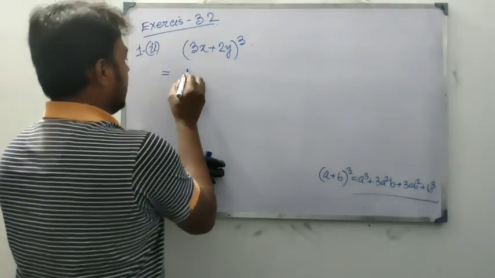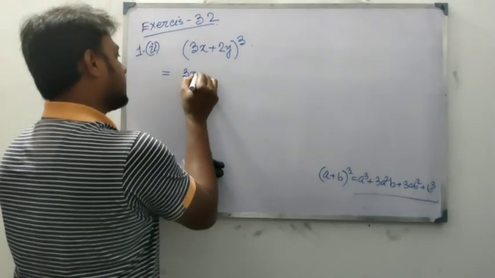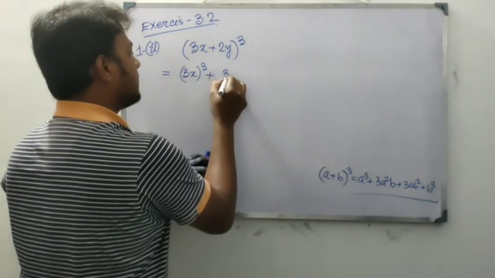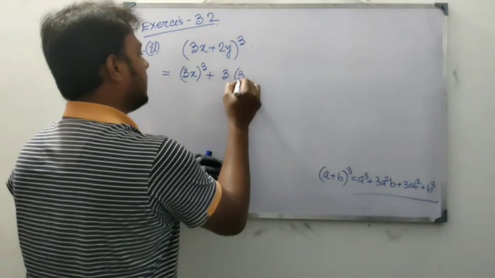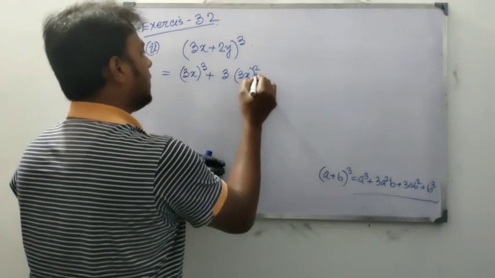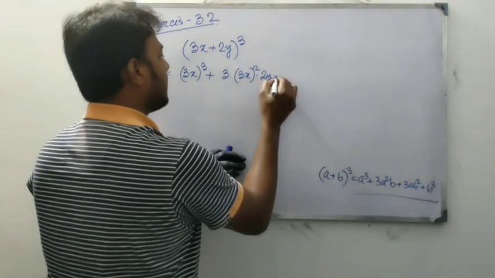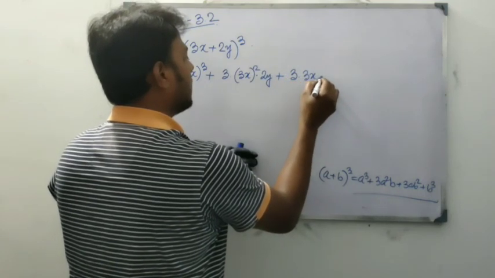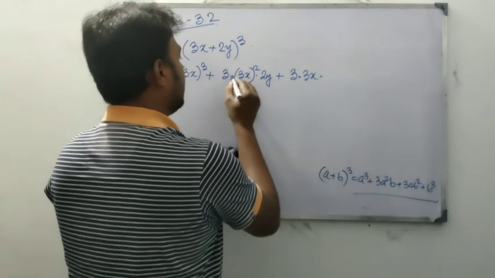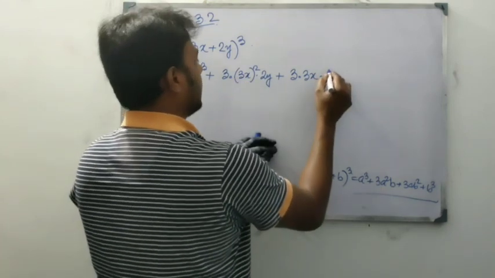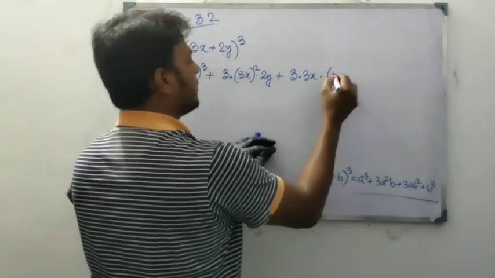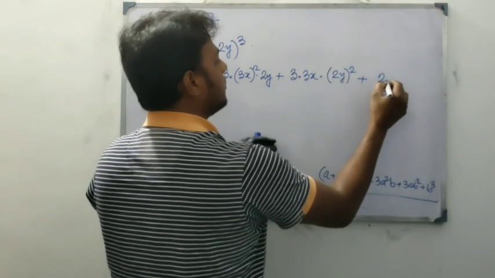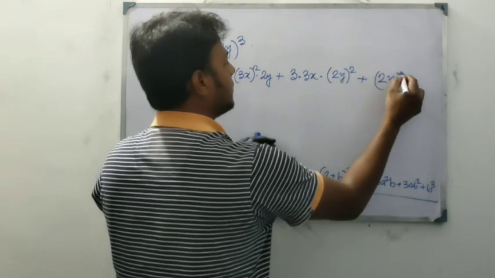So a cube means (3x) whole cube, plus 3a square b, which is 3 into (3x) square into 2y, plus 3ab square, which is 3 into 3x into (2y) square, plus b cube, that means (2y) whole cube.